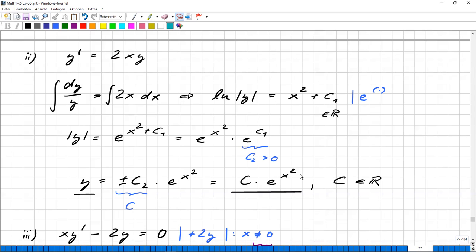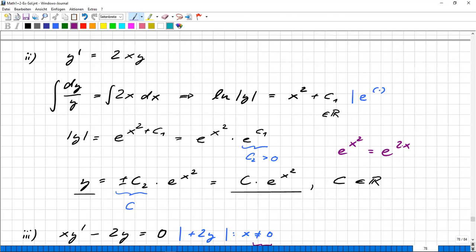Please don't make this standard mistake. I don't know why it happens often. Some people still think that e to the power x squared may be replaced by e to the power 2x for some nebulous reasons. It can't be, because it would mean that x squared is the same as 2x. Why do people do things like that?